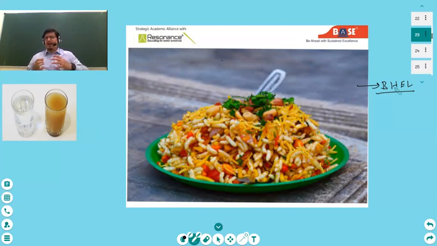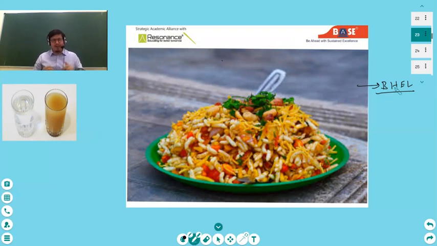So you guessed it right, today's topic is mixture. A few things I want to tell you keeping bhel in mind. When you mix puffed rice, tomatoes, onion, coriander, chutneys, they are just a mechanical mixture. They don't react. The onion does not react with tomato. The puffed rice will not react with coriander. You just mix it, it is ready.